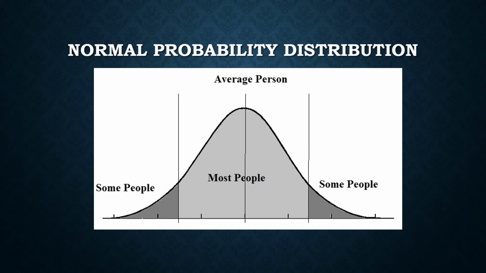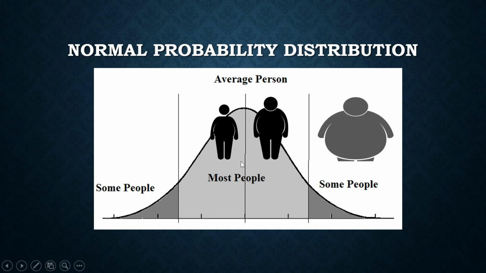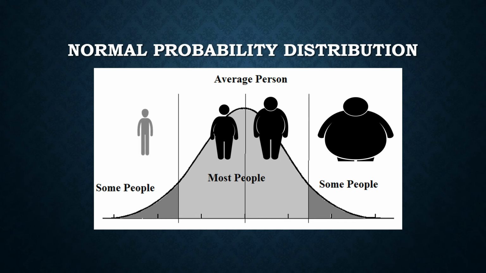Now, if I were to pick 100 people randomly, many of them, their weights would cluster close to the average weight. But among those 100 persons that I chose, a few of them would be overweight and possibly even obese. And a few of them would be underweight, maybe severely underweight. So this is for the distribution of weights.